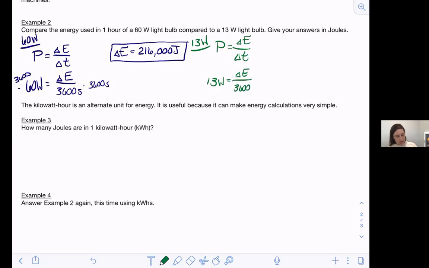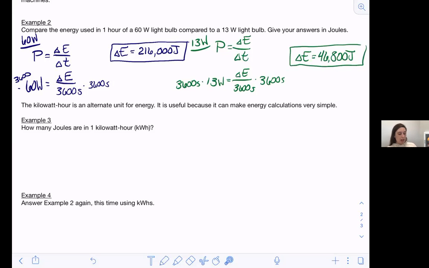Because we're comparing these two things over the course of 1 hour. So if we take 3,600 and multiply it by 13, then we get that this light bulb is going to use 46,800 joules of energy.